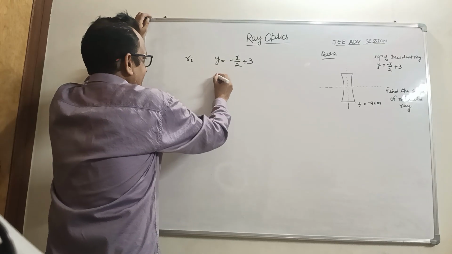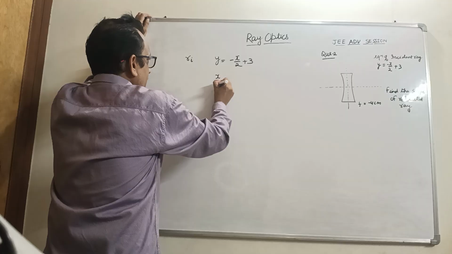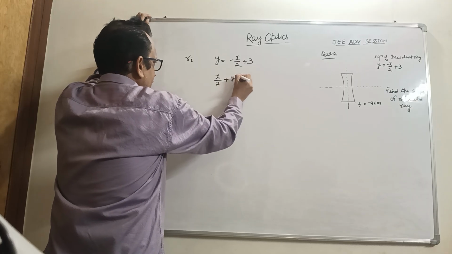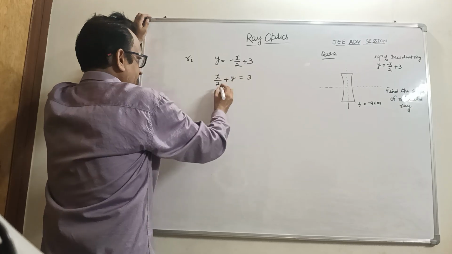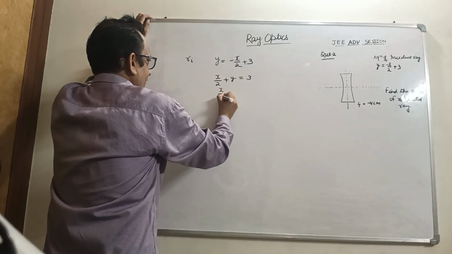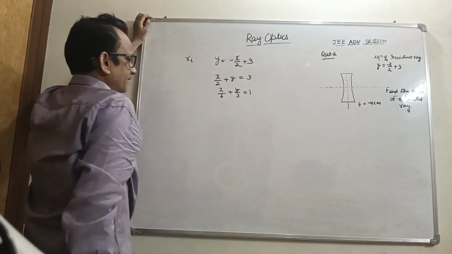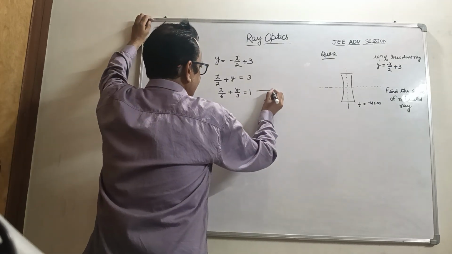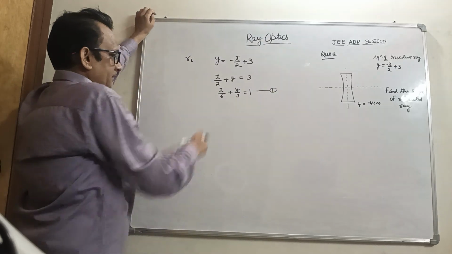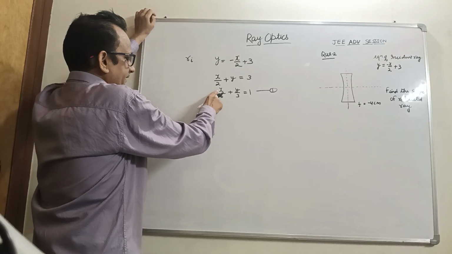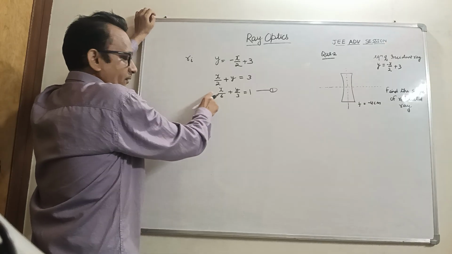We can rewrite this as x by 2 plus y is equal to 3, or dividing by 3, x by 6 plus y by 3 is equal to 1. This is the equation of a line.